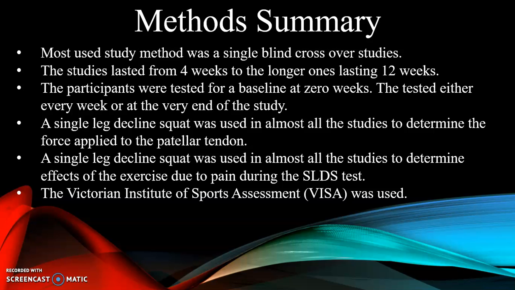They were also asked on the Victorian Institute of Sports Assessment, or the VISA questionnaire, how they would score their ability and pain in normal everyday activities, such as walking upstairs, walking into the kitchen, stepping down somewhere.